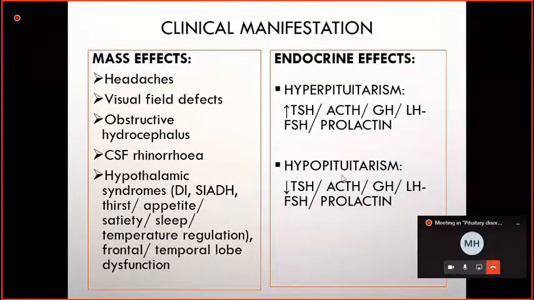So what else can happen in terms of vision? What else can happen when you talk about vision besides the visual field?